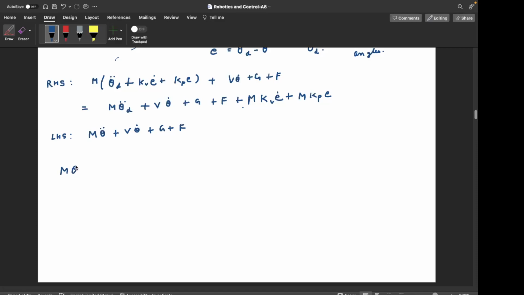So M theta double dot plus V theta dot plus G plus F is equal to M theta d double dot plus V theta dot plus G plus F plus M Kv e dot plus M Kp e. Right, so a few terms would cancel out. All these three terms would cancel out.